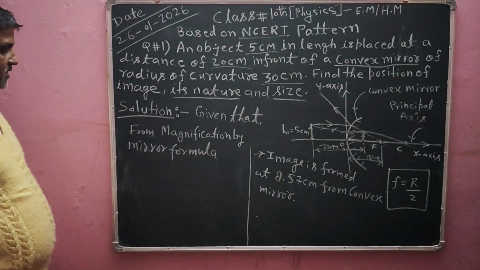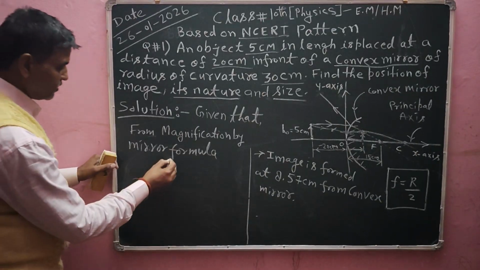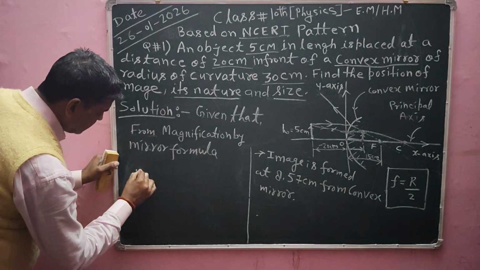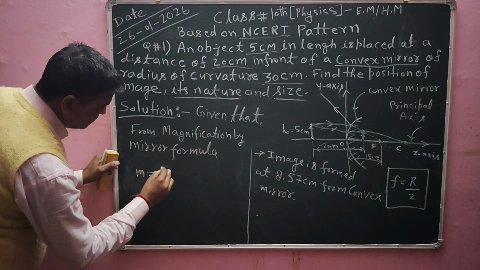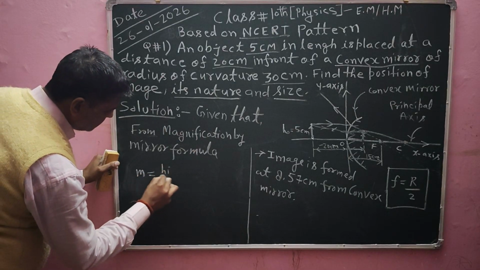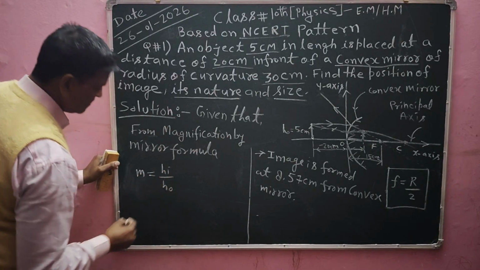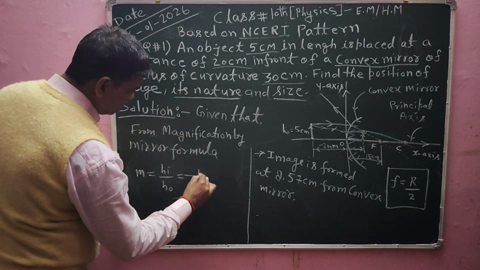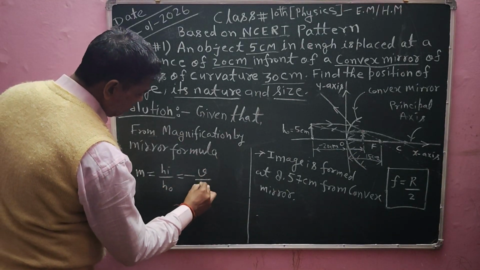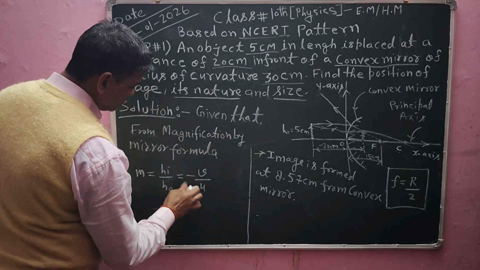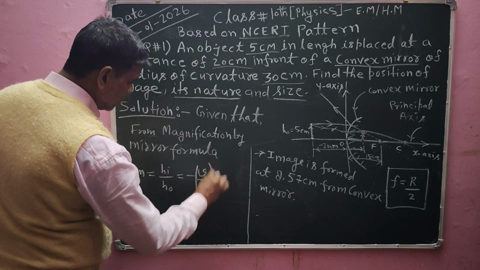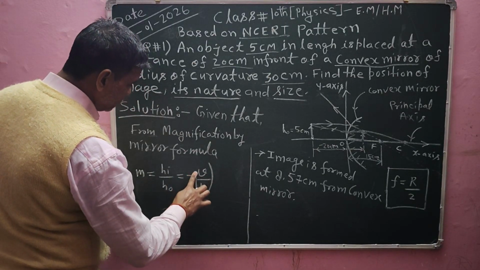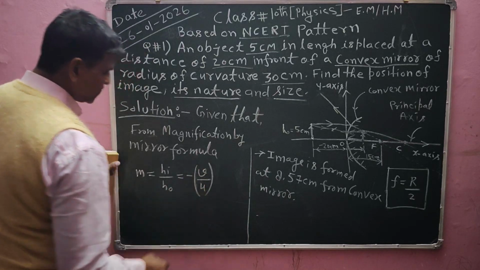From the magnification by mirror formula, I know m, which is equal to HI divided by HO, which is equal to minus V divided by U. This is the formula I have to use for solving it.